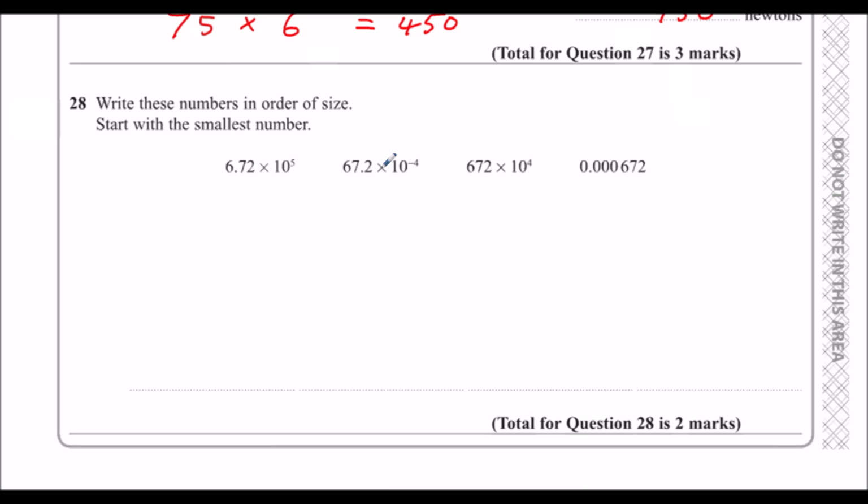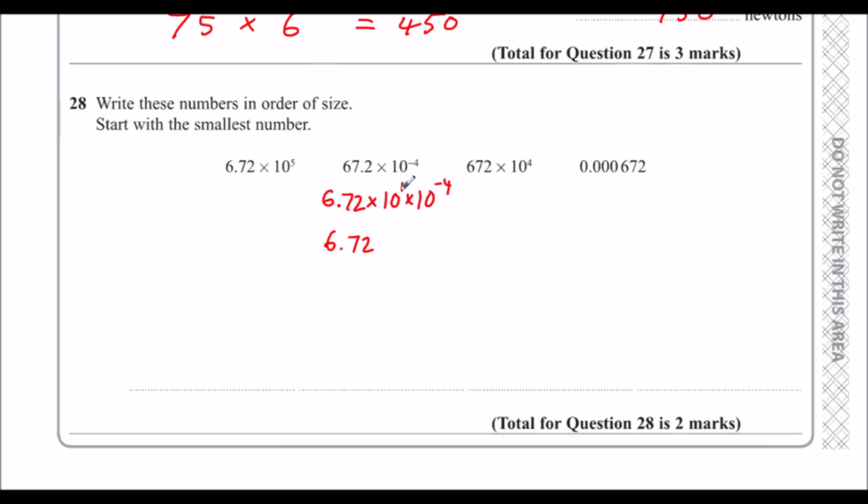67.2. So in standard form, we need a number between 1 and 10 at the front. So 67.2 is the same as 6.72 times 10. And then that's times 10 to the power of -4. So when we multiply indices, we add the powers.